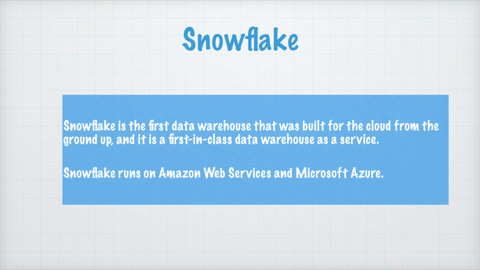As you all know, Snowflake is cutting edge technology and it is the first data warehouse that was built for the cloud from the ground up. It is the first in class data warehouse as a service. Snowflake runs on AWS, that is Amazon Web Services, and Microsoft Azure.